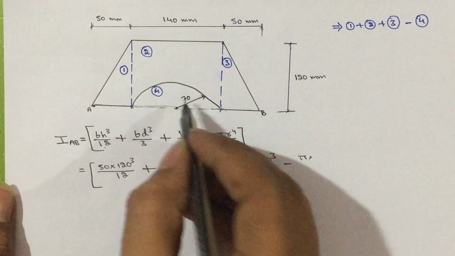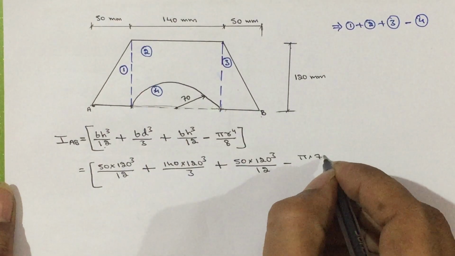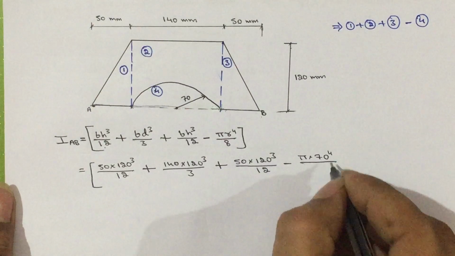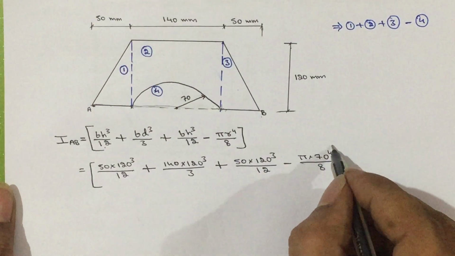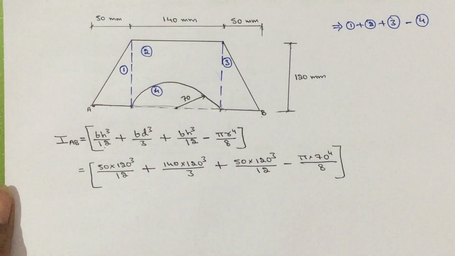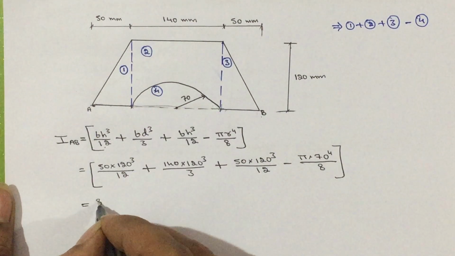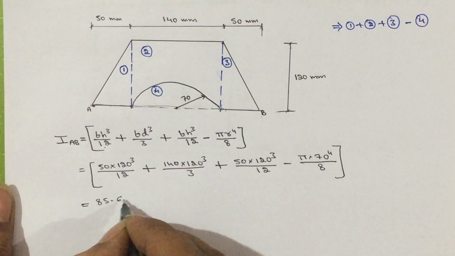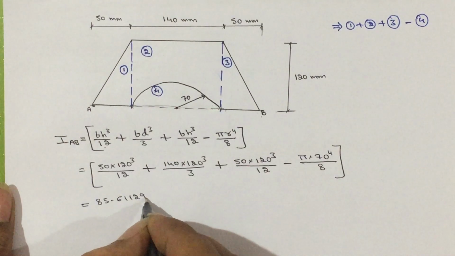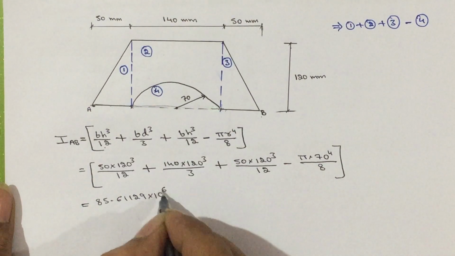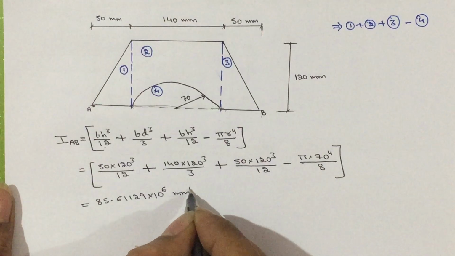The radius of the semicircle is 70. So, 70 to the power of 4 divided by 8. So, if you calculate this one, you are going to get it as 85.61129 into 10 power 6 mm to the power of 4.